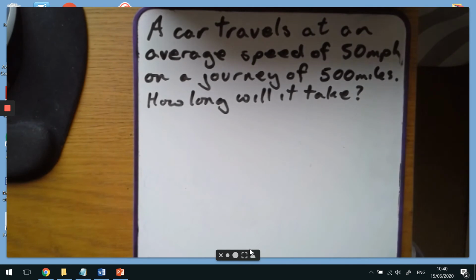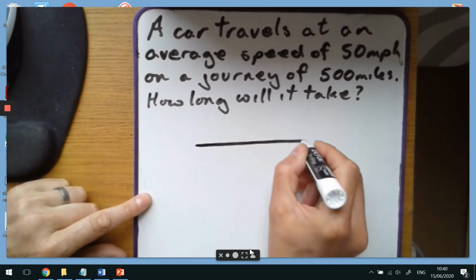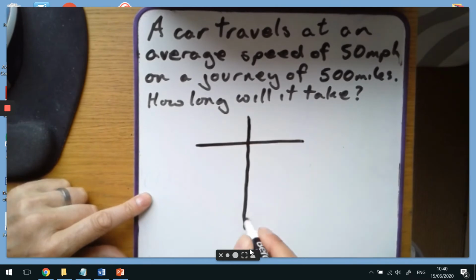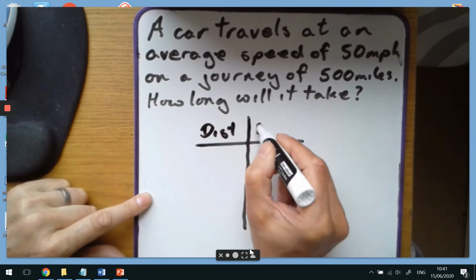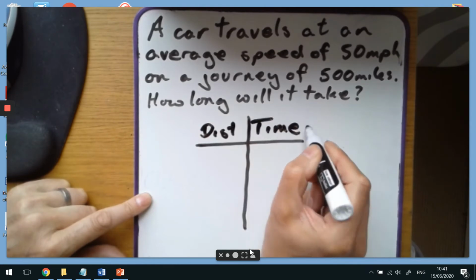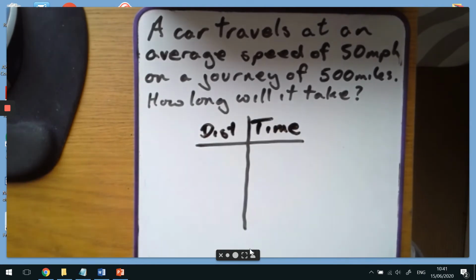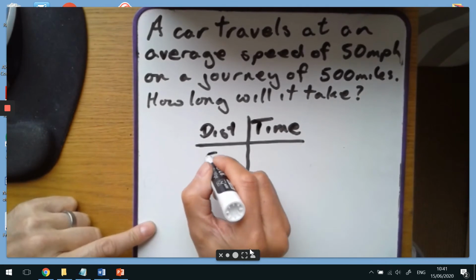Okay, so let's do the next one. Again, it's a speed, distance, time question. So I'm going to lay out a table with distance and time. A car travels at an average speed of 50 miles per hour. 50 miles per hour means 50 miles in every hour.